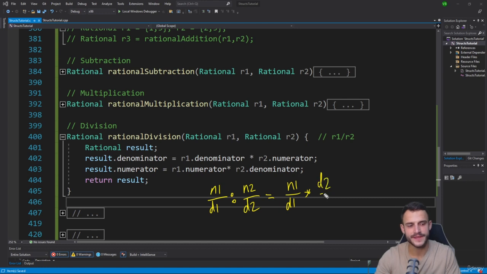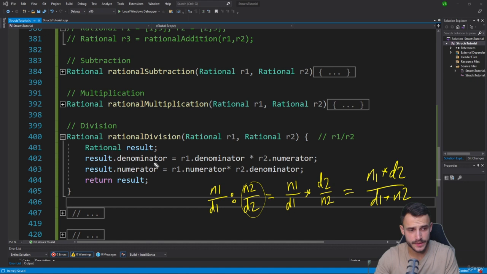By d2 divided by n2. Okay, we simply flip this rational number when we use division, and then we use simply multiplication. So the answer to this is going to be n1 multiplied by d2 divided by d1 multiplied by n2.